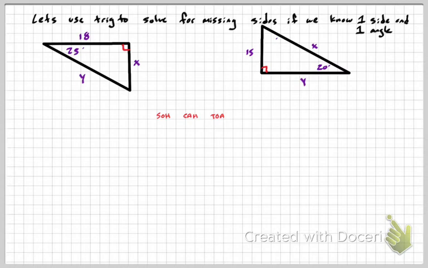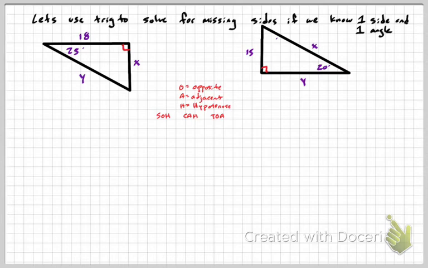And remember that O is for opposite, A is for adjacent, and H is for hypotenuse. And then obviously the S is for sine, the C is for cosine, and the T is for tangent. All right?